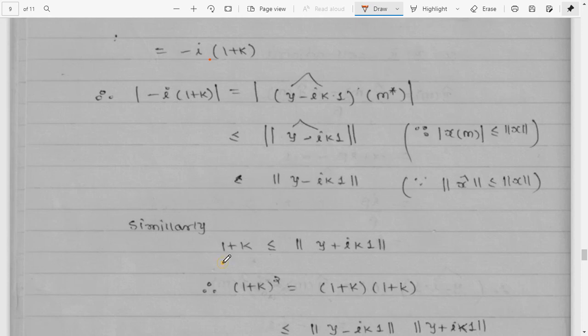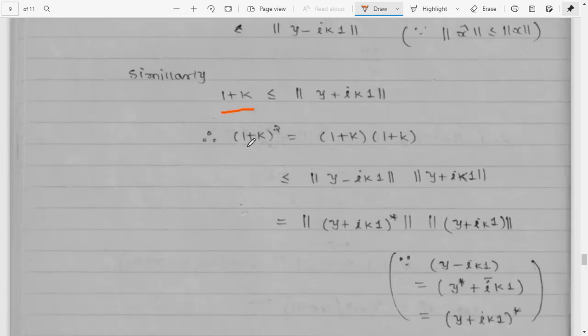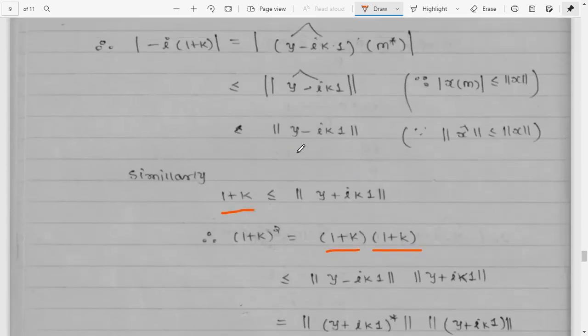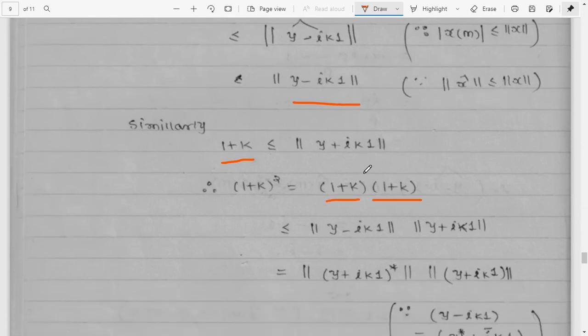Similarly, 1 plus k is less than or equal to norm of y plus ik·1. Now 1 plus k whole square is equal to, we can write, 2 times. So we put the value: 1 plus k is equal to this, and 1 plus k is equal to this.